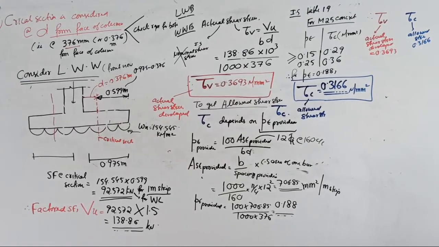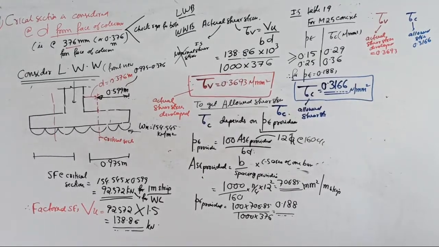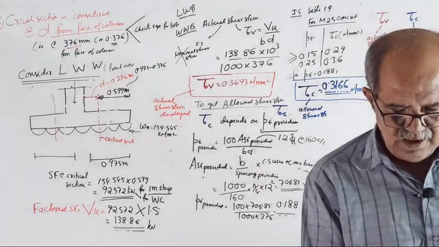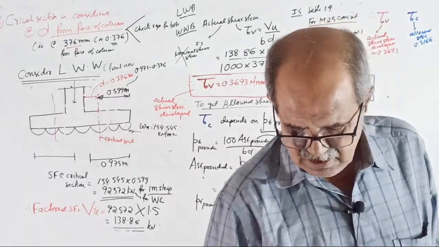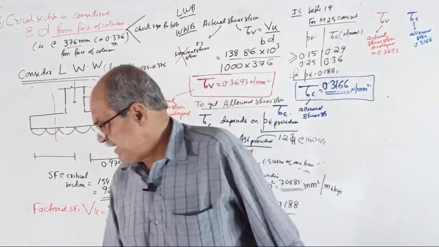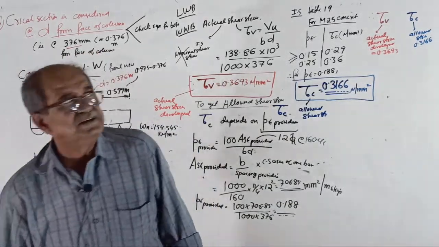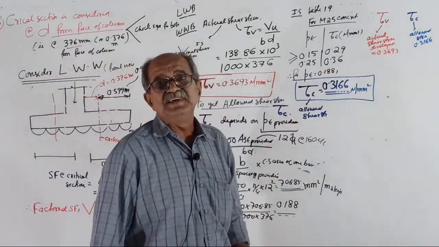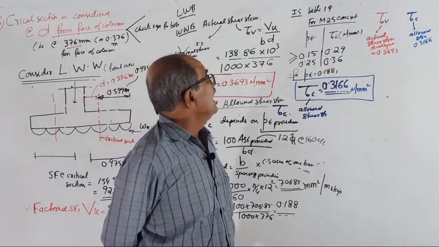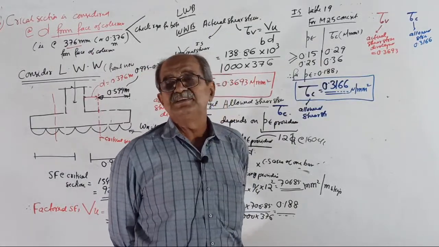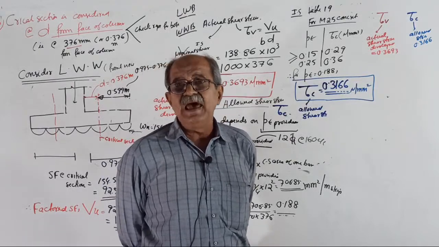Tell the answer. So our conclusion is that actual shear stress coming is how much? Actual shear stress is 0.3693. Allowed is 0.3166. Therefore, tell me, safe or unsafe?